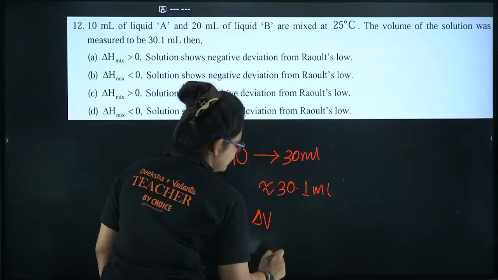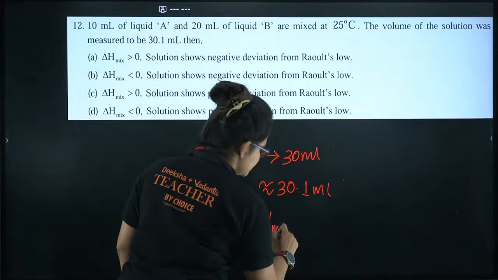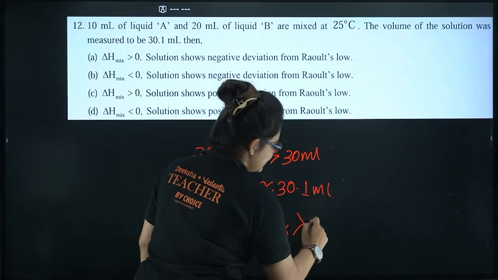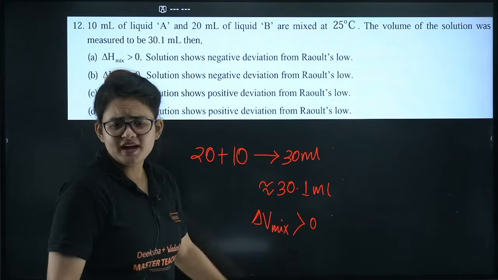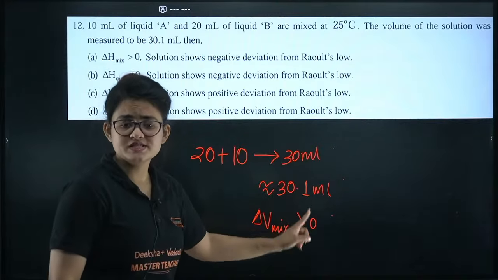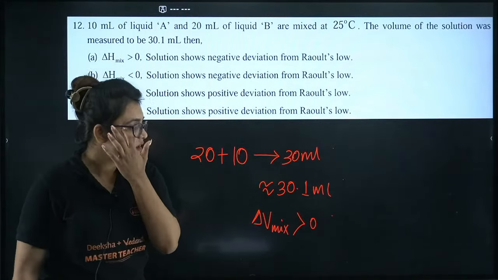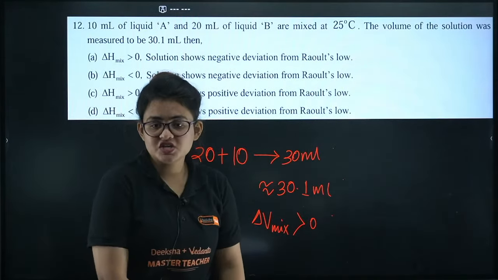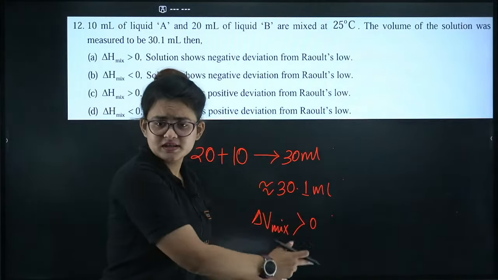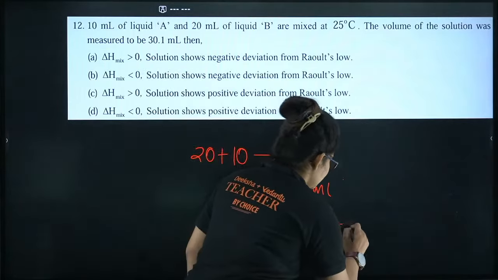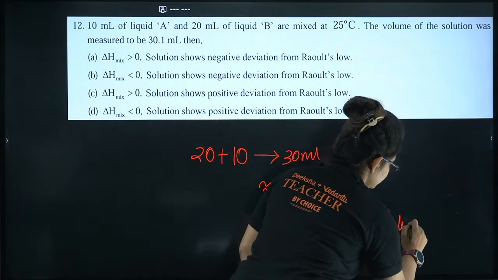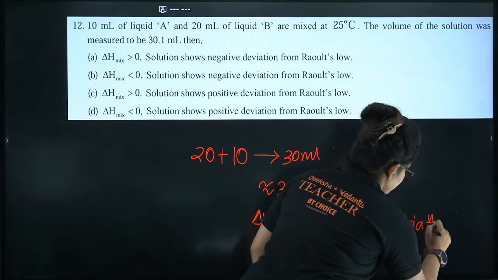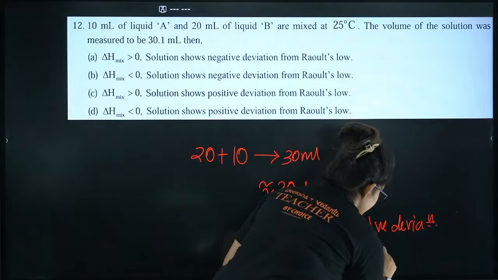That means delta V, the change in volume of the mixture, is greater than 0. 0.1, it's greater than 0. When is that possible? It's possible whenever you have a positive deviation from Raoult's law, isn't it? It's more than 0, so it is nothing but the positive deviation from Raoult's law.